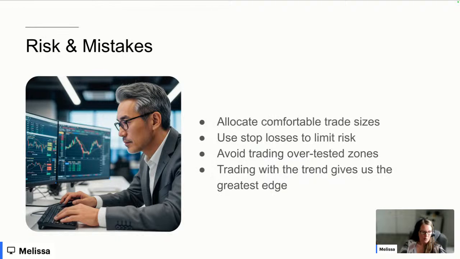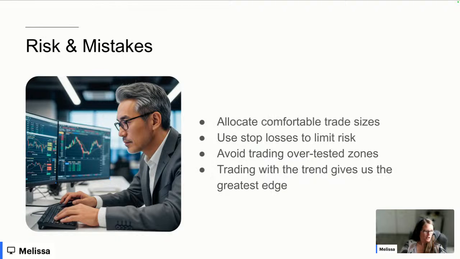Number one, manage your risk. Always trade with a set allocation per trade that you are comfortable with and that your account size can handle. I always use a stop loss. And this is very important: I avoid trading a zone that has been tested multiple times.